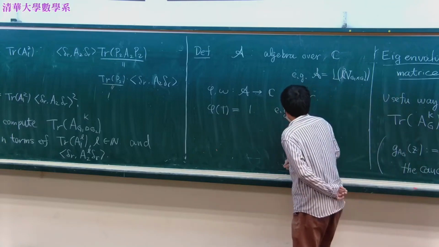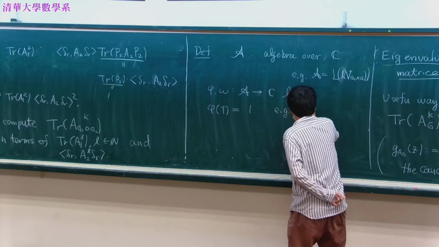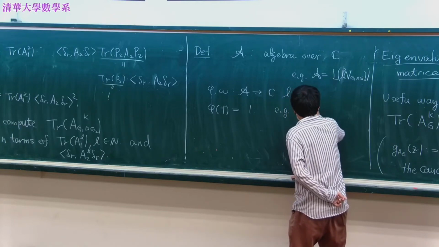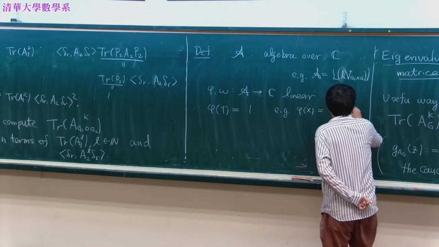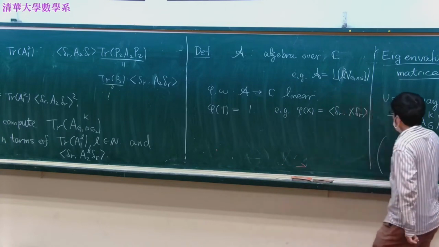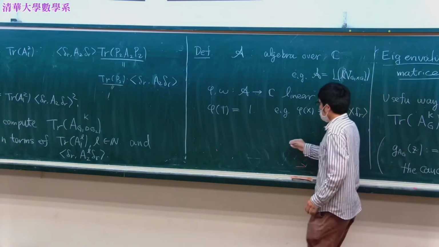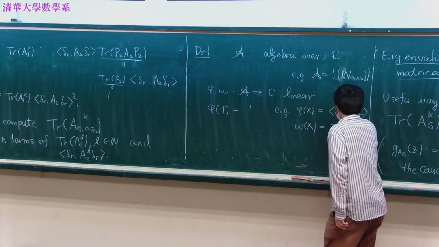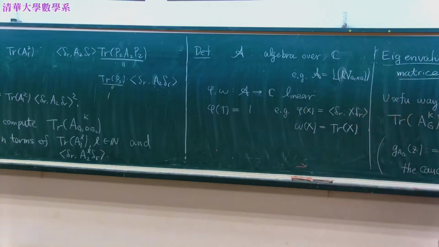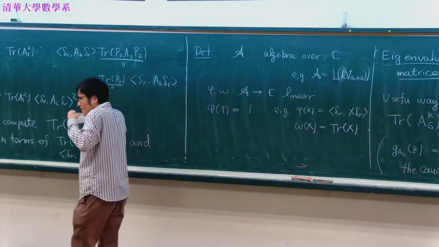They are abstractions of this inner product: phi(x) is the inner product of x delta root, and omega is just the trace. These are typical examples.